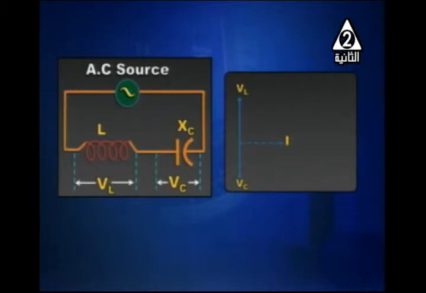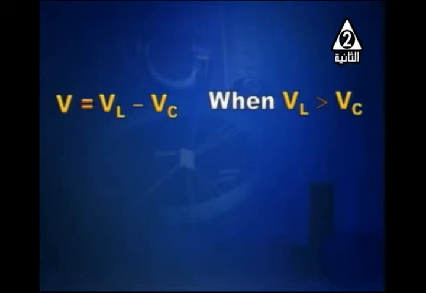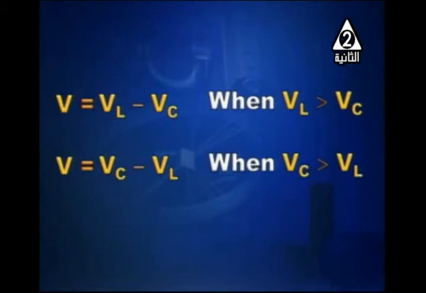And the vector diagram, the vector which represents the current, is shown in front of you. I, VL leads by 90, VC lags by 90. So it will be VL minus VC, but this happens when VL is greater than VC. So V equals VL minus VC when VL is greater than VC, or VC minus VL when VC is greater than VL.